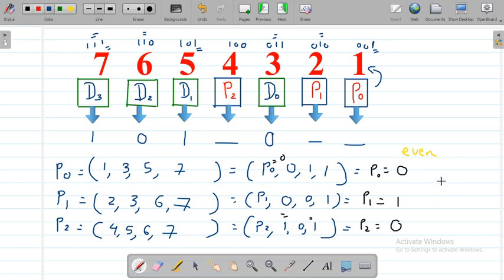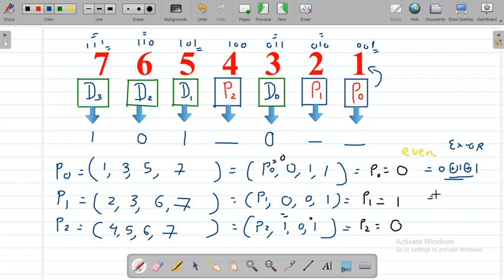You can perform a XOR operation: 0 XOR 1 XOR 1, which will be 0. XOR means the output is 1 only for an odd number of ones. Here there is an even number of ones, so the output will be 0.